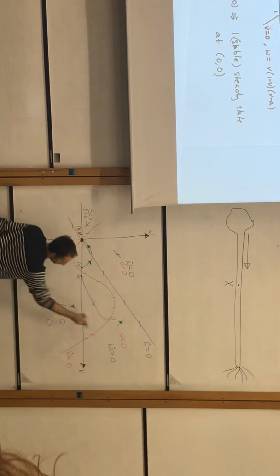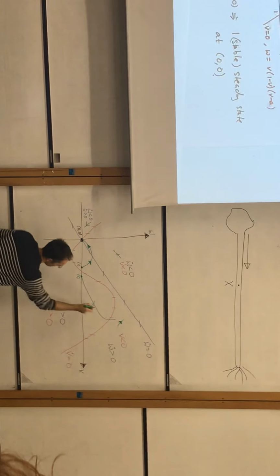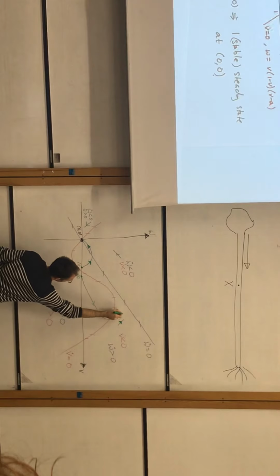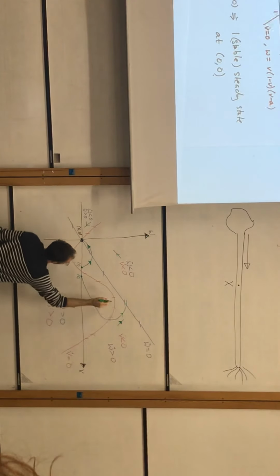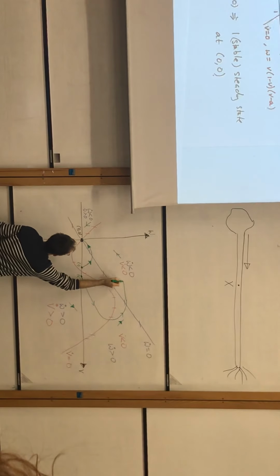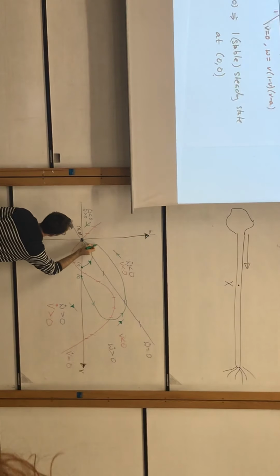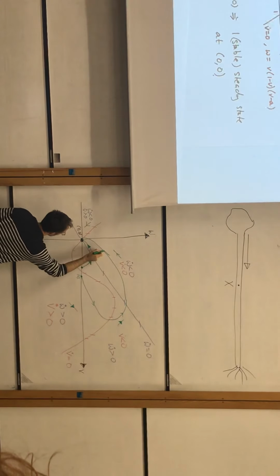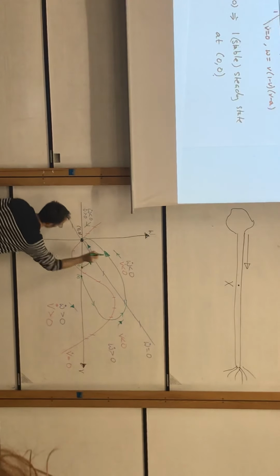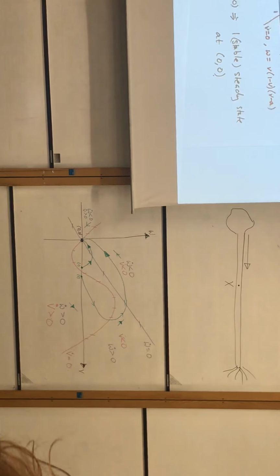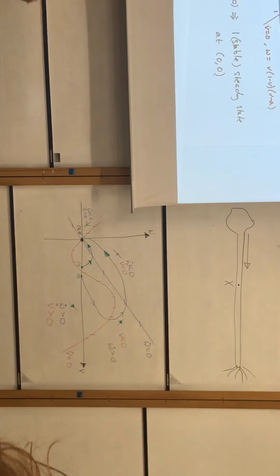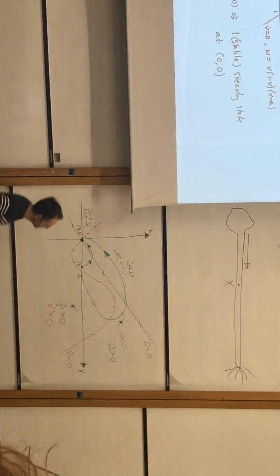We're now in the region where we're moving up to the left, so we're going to go in this direction here. We cross this one horizontally. We now come down and may just cross into that region here. And eventually we get back to this stable steady state at naught.